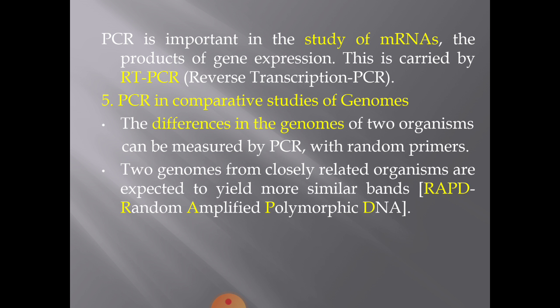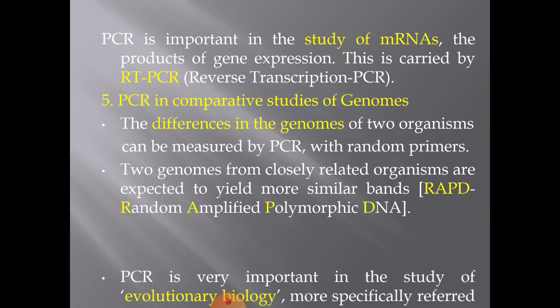This is done by a technique called RAPD, random amplified polymorphic DNA, which I am going to teach you in next coming classes. So by employing it, the two genomes from closely related organisms can be studied, and if they are very closely related, they are expected to yield more similar bands.